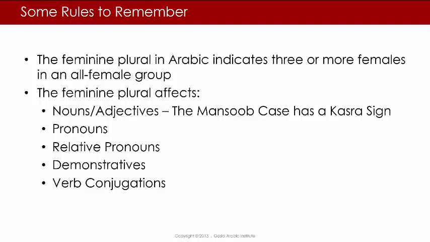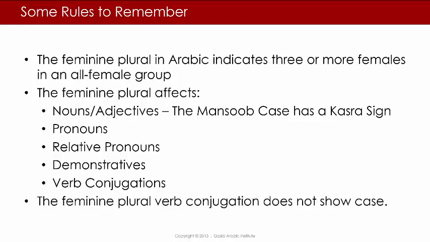Relative pronouns, allawati is used for the relative pronoun feminine plural. Demonstratives, ha'ulai, these, and ulaika, those, and verb conjugations with the noon and the fatha. Also, it's important to remember that the feminine plural verb conjugation does not show case. So the feminine plural will always stay fixed in terms of its form and will not change based on case.